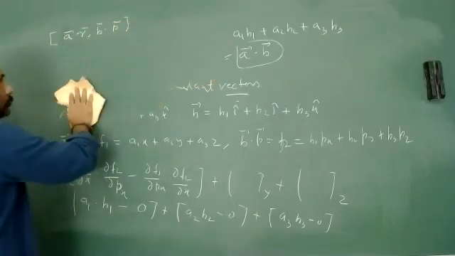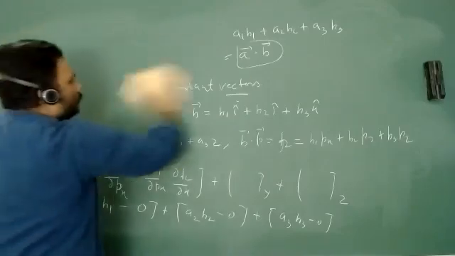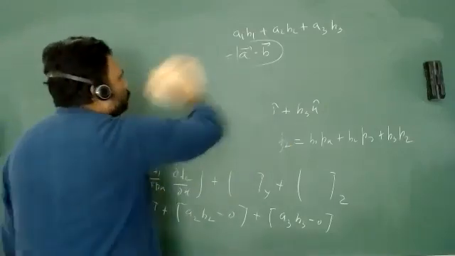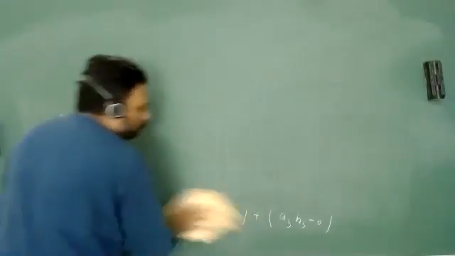Sir, can we do this problem by the third property also? You can do it by any means, don't worry. Which one is the third property? Sir, the AB comma C property, where in a bracket two terms are multiplied together. However you do it, the answer must be this.